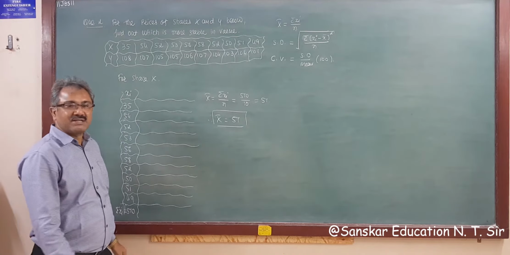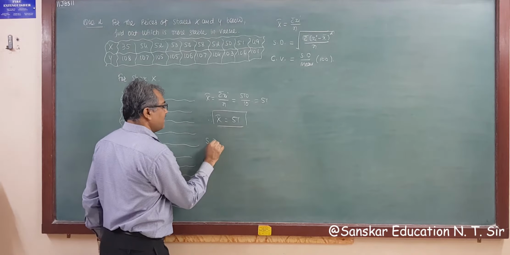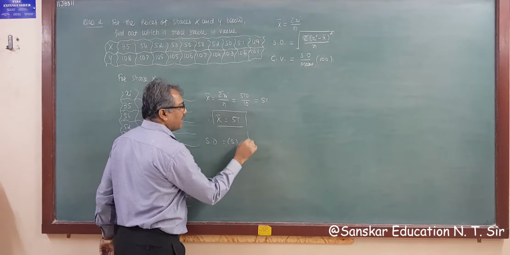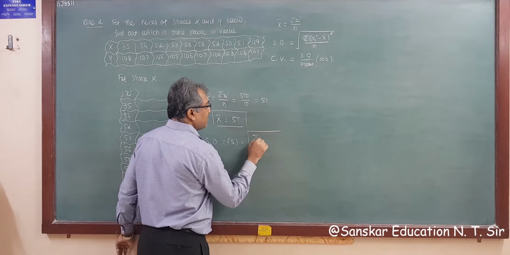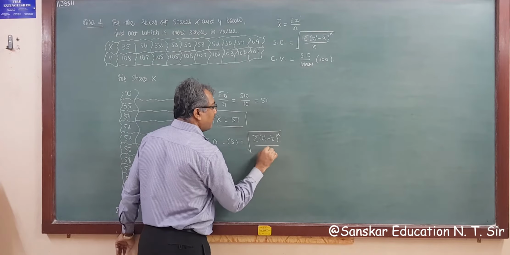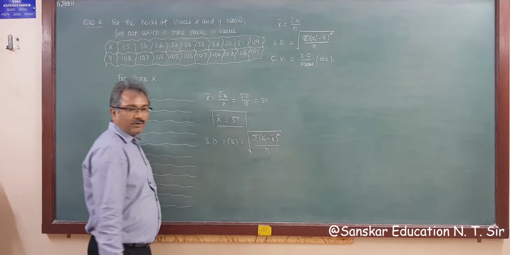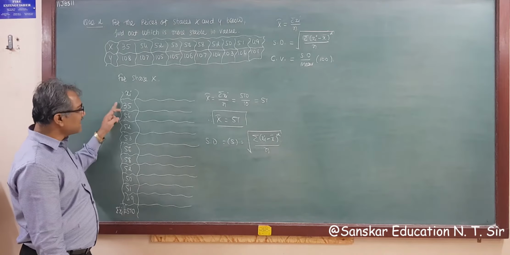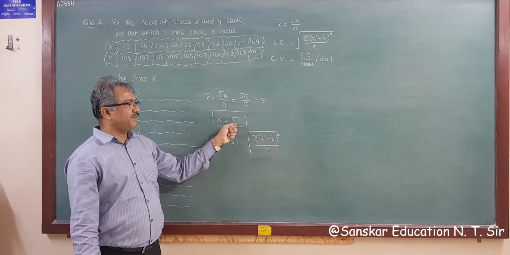Now we have to find the standard deviation. So standard deviation, that is S, is equal to square root of sigma xi minus x bar whole square upon n. So this is xi and x bar is 51.